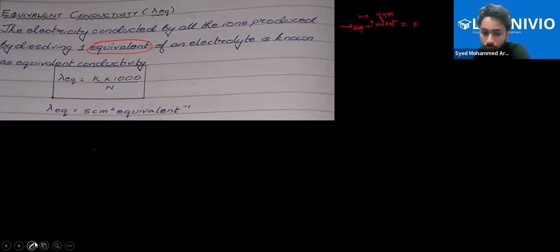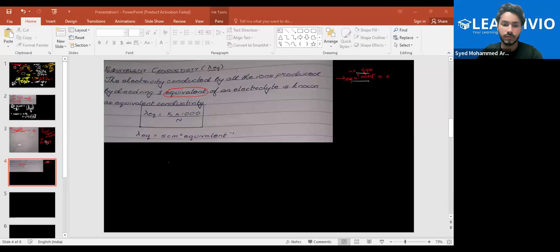It was at the start of the chapter: number of gram equivalents equals weight upon equivalent weight or something like that. If you're not remembering, I'll help you. Just 1 minute, I'll show you the notes.